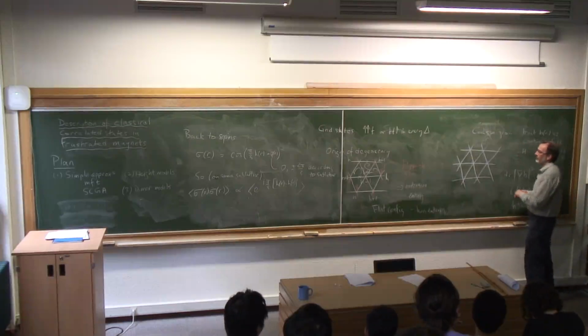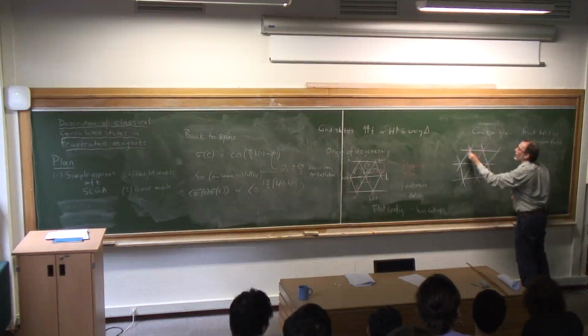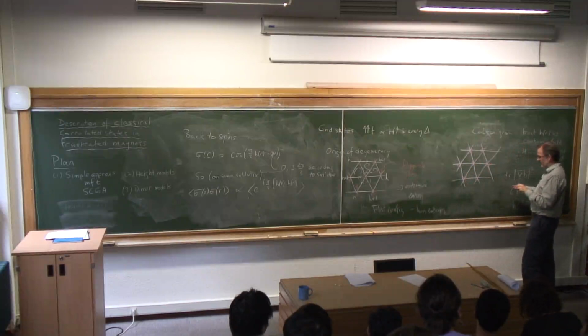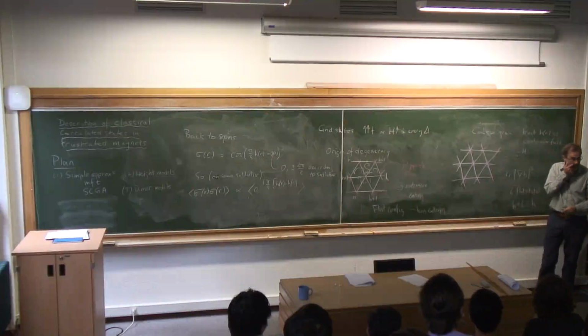So, for instance, sorry, that blue is probably not very legible, and then, for example, this site would be A, and this would be A, and so on.